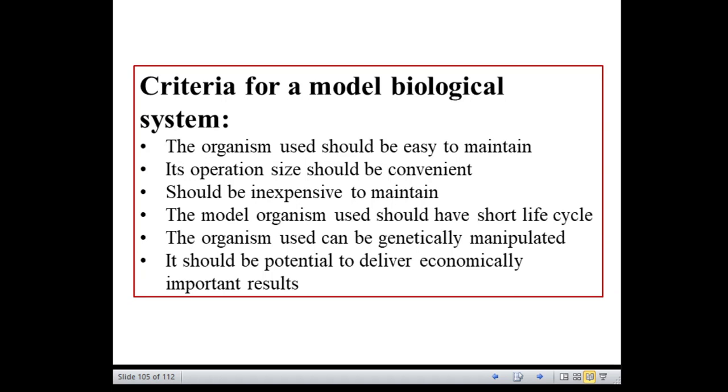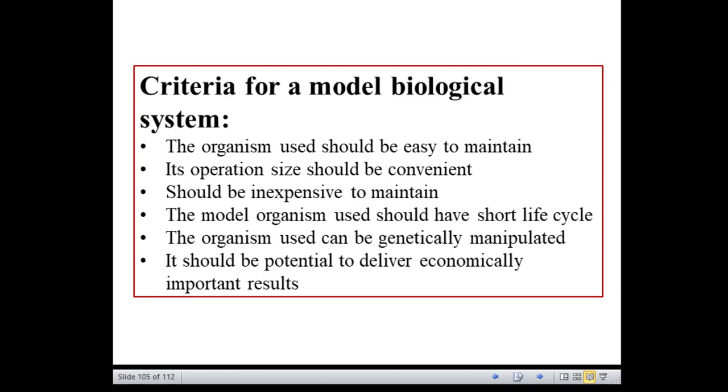Number five, if you need to study genetics, the organism should be capable enough to be manipulated genetically. Number six, it should have the potential to deliver economically important results. So these are the important criteria for a model biological system.